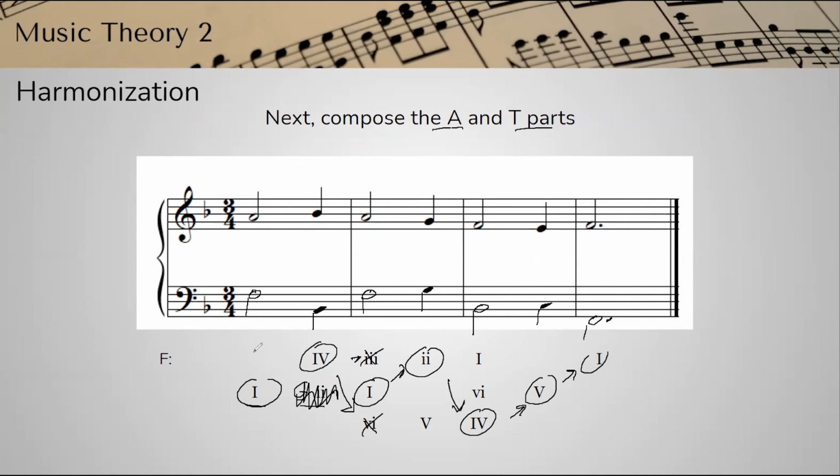So to finish out this chord, right, we'll always need to add a third, a fifth, and an octave above the bass note. Well, we already have our third in that soprano, so we don't need that. We need a fifth and we need an octave, ideally. So the fifth will be C and the octave will be F. And there's really only one way to do that here. So put the F there and put the C here.